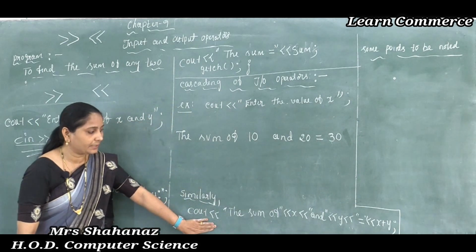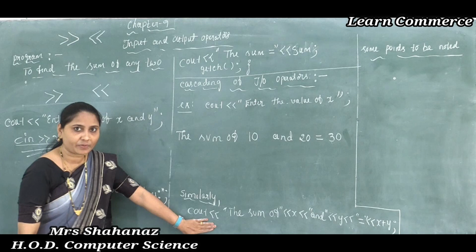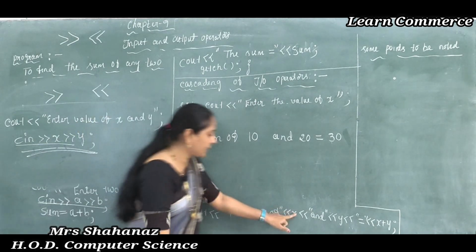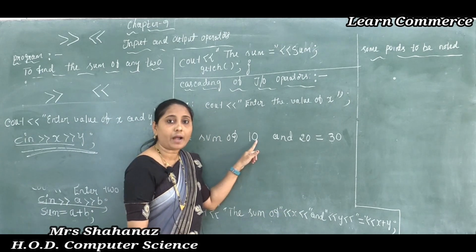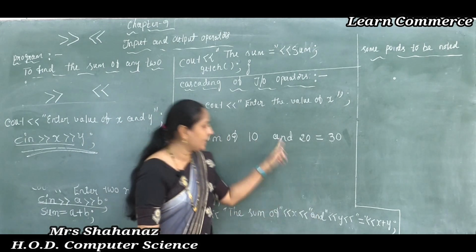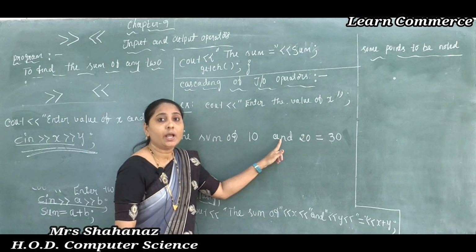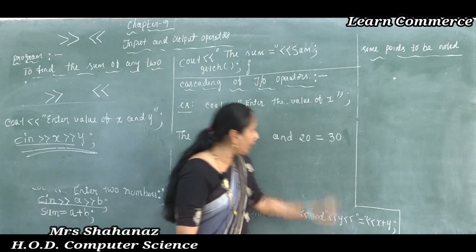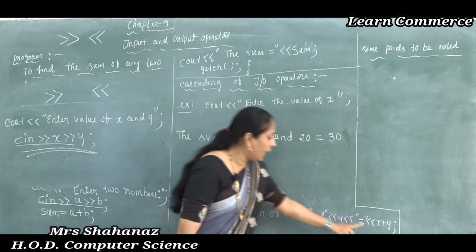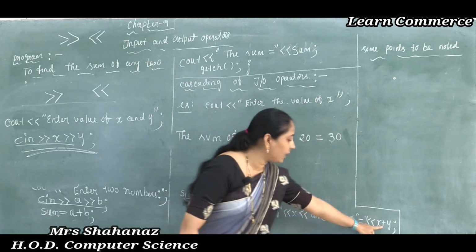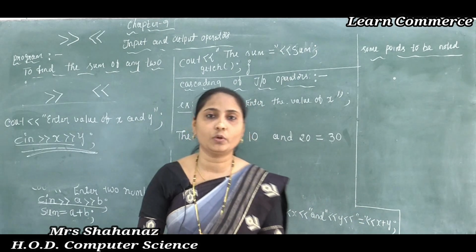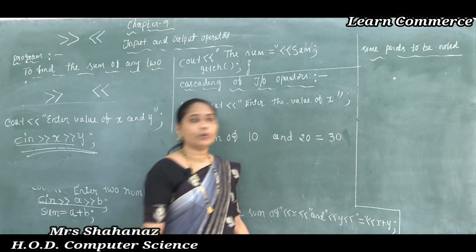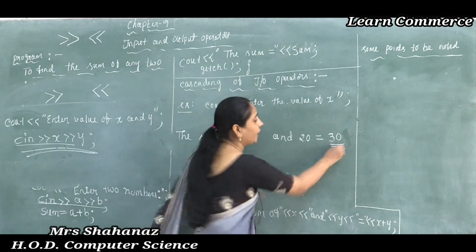So if you are going to write in this way here, that means sure we'll get the output as the sum of x, whatever value we give to x, that value gets displayed, and as it is it is going to display as a message because it needs to be written in double quotation here, and the y that is equal to 20 and the equal sign it is going to display, and lastly whatever the x plus y, as we know the x is equal to 10, y is equal to 20, so totally it is going to provide the value that is equal to 30 here.